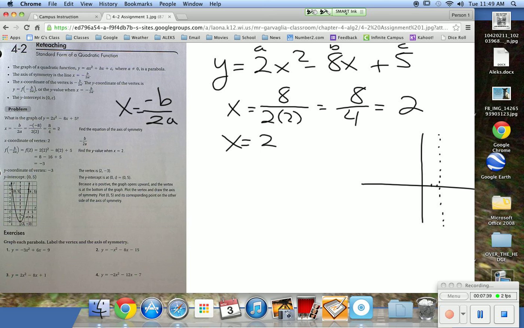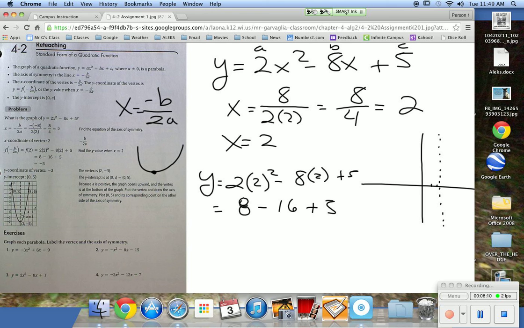Next thing I'm going to figure out is where my vertex is. Where's this point down here sitting? We go y equals 2 times 2 squared. I'm just plugging 2 back in for the x right here. Minus 8 times 2 plus 5. 4 times 2 is 8, 8 minus 16 plus 5, we've got minus 8 plus 5, minus 3.